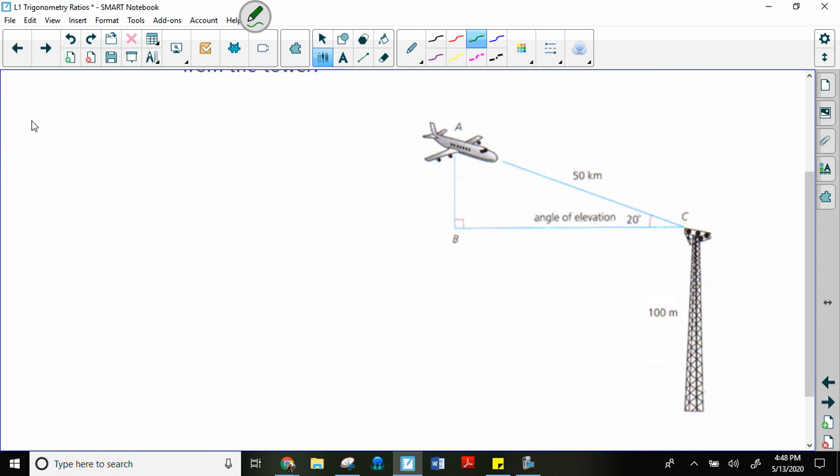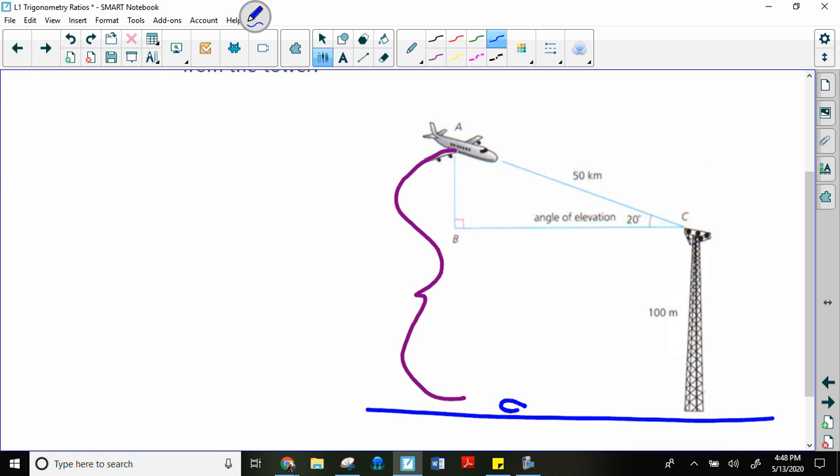So, altitude is actually going to be all of that, because we're assuming this is the ground. So we need to find this side of the triangle, but then we're going to have to add it to the 100 meters.